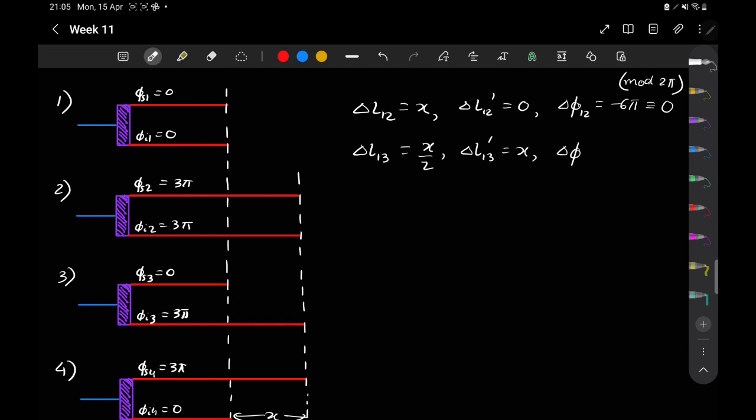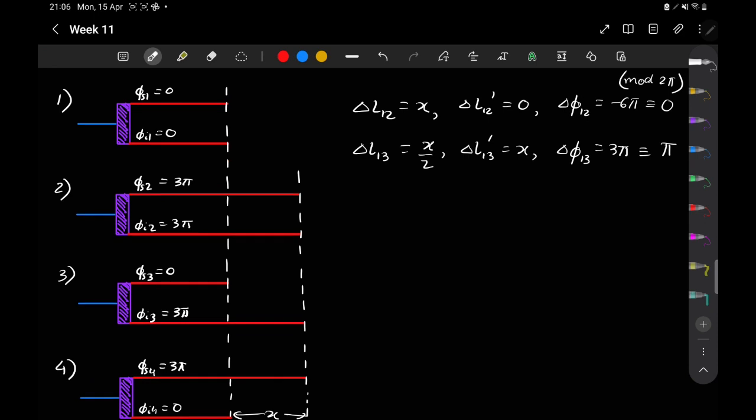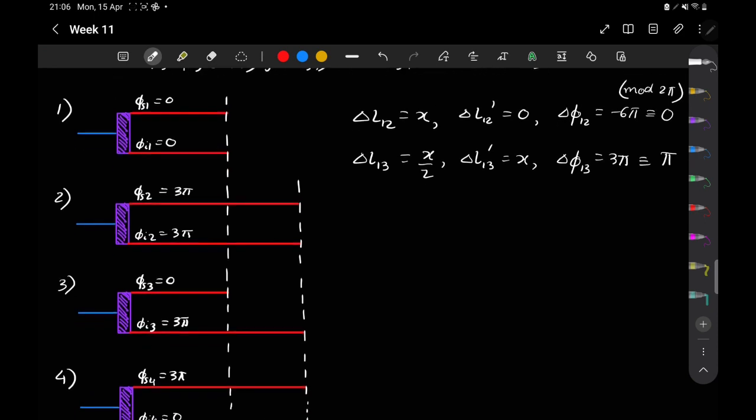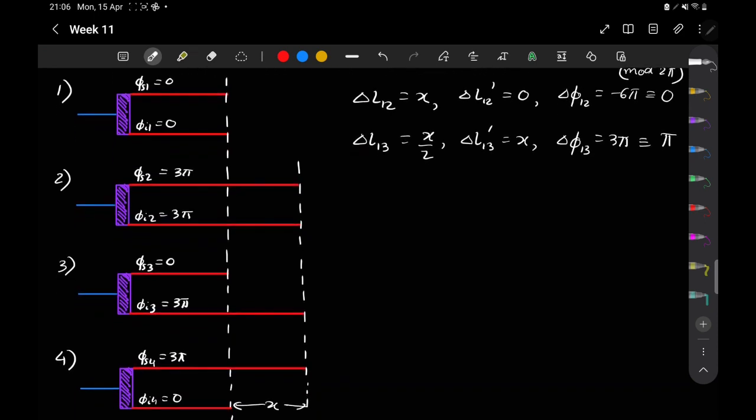And delta phi is going to be 3 pi. So 3 or negative 3 pi, same thing. And when you take mod, it will become pi. Then between 1 and 4 is also a similar situation.